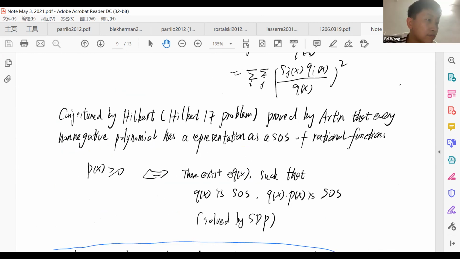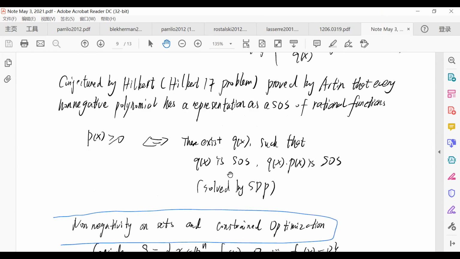So this is a way to certify the non-negativity of a multivariate polynomial. We just solve a sequence of SDP relaxations, or sum of squares problems, and then if the size of the SDP is large enough, eventually we will find this sum of squares.